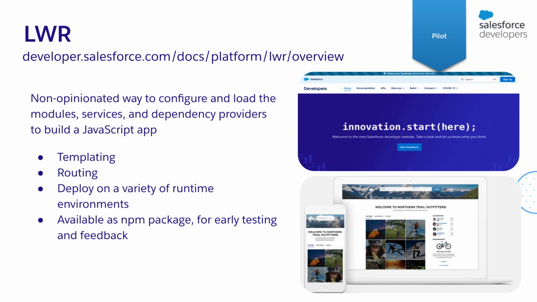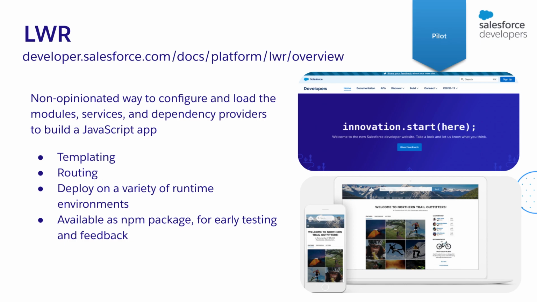Right? So think about it as a huge evolution of Lightning Web Components open source, in which you are going to have a way to configure all the modules, services, and dependencies that you need to build a modern JavaScript application as of today. So with Lightning Web Runtime, what we provide is, first of all, a system for creating templates for your pages or your static sites.